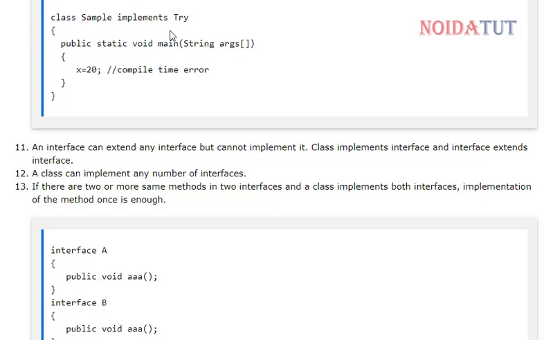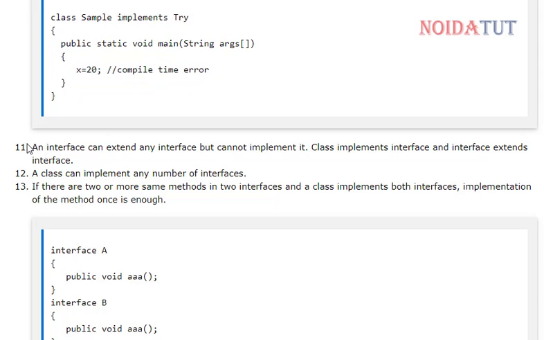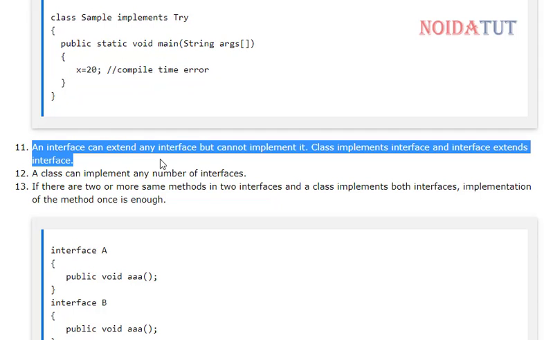Class sample implements try. An interface can extend an interface but cannot implement it. Class implements interface and interface extends interface. A class can implement any number of interfaces. If there are two or more same methods in two interfaces and a class implements both interfaces, implementation of the method once is enough.